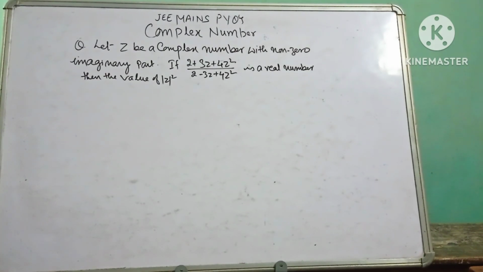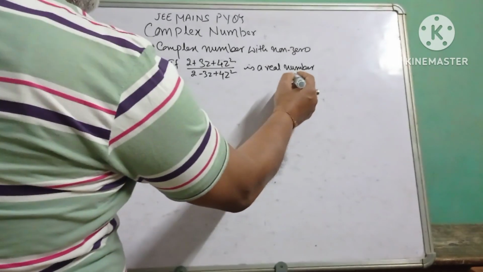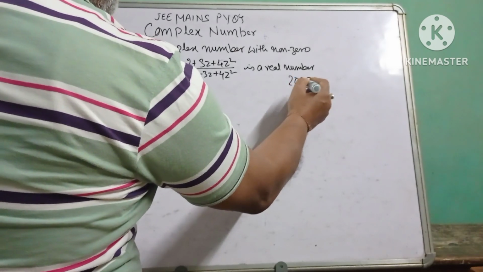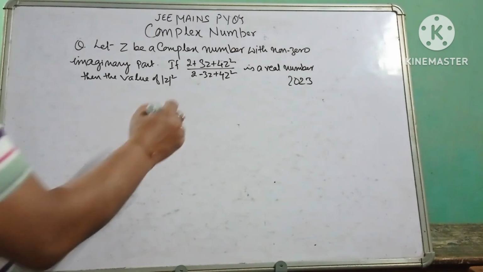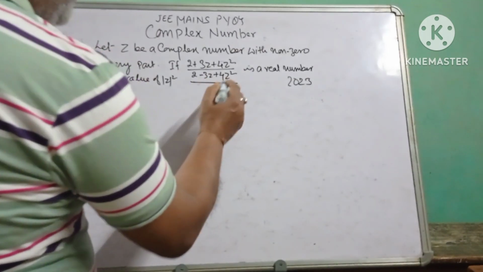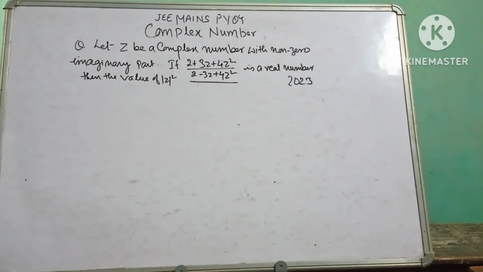Now my next question is this, from 2023. Here you see z is a complex number with a non-zero imaginary part. So here this is a real number.